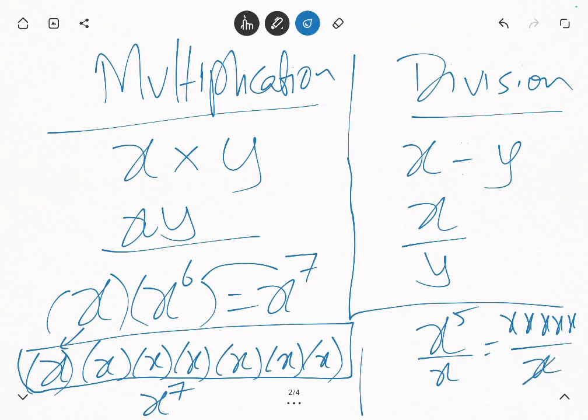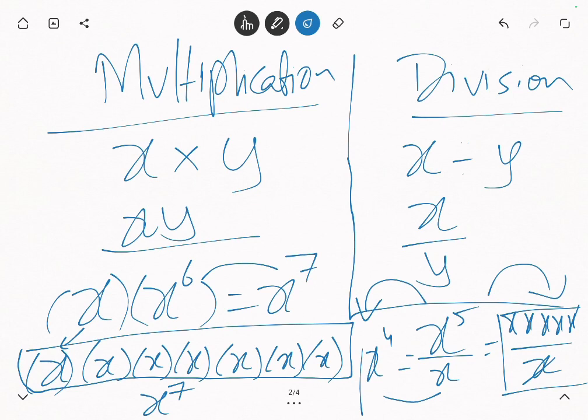Simply, I can cancel both x's and the final result is x power 4. This is the concept, and we will learn it in the coming videos on exponential laws. We can directly write this as x power 4.